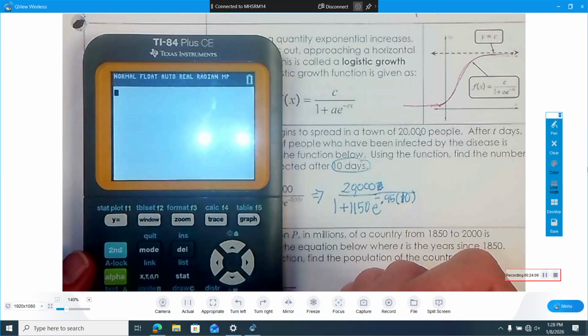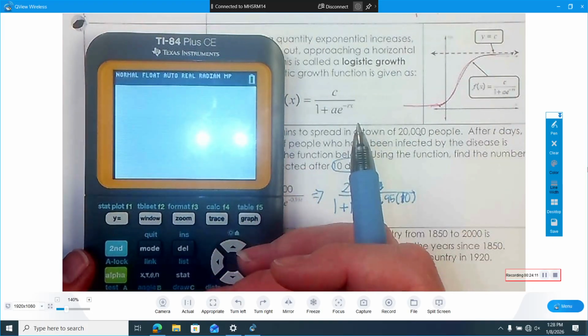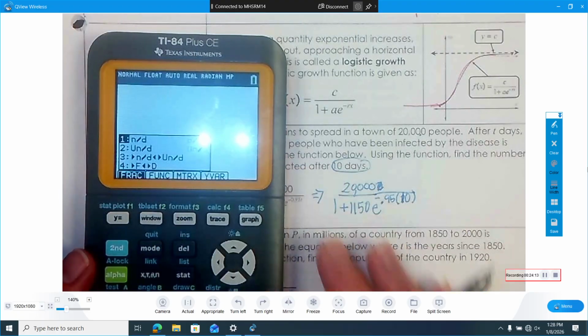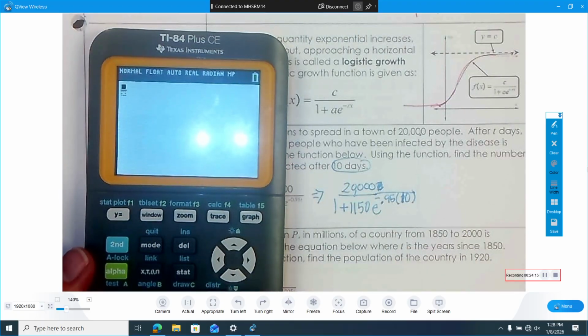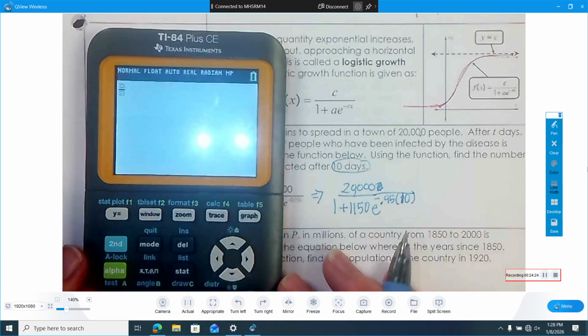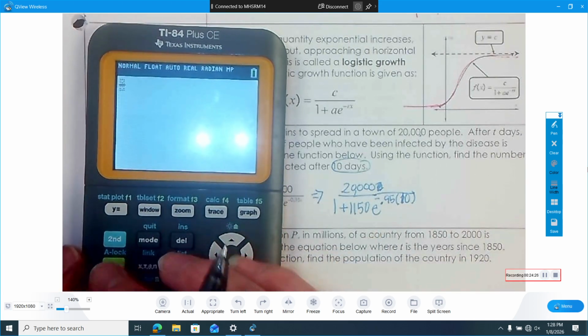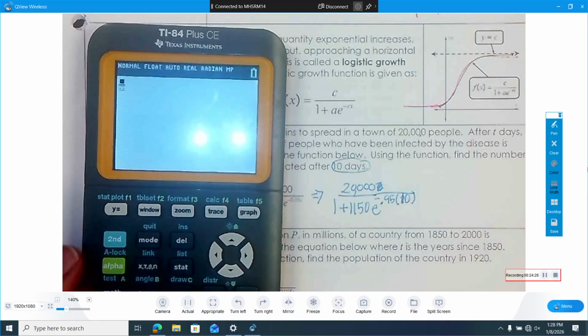For those of you that had Nacho, you do the fraction. Alpha F1, and you could do the little fraction thing. All right. So do you guys know that? I don't know that you guys all do. Okay. All right. So alpha F1 is a numerator denominator fraction.